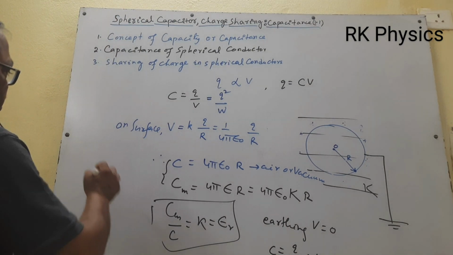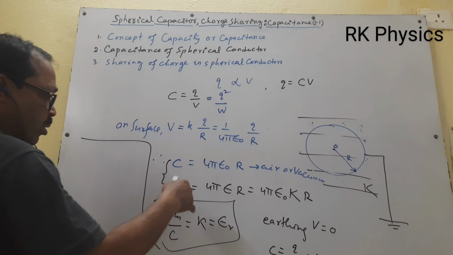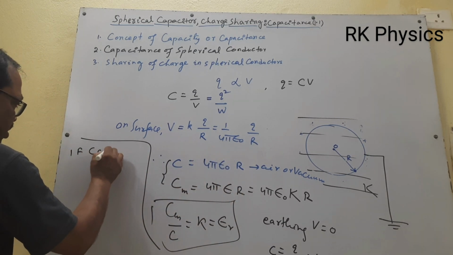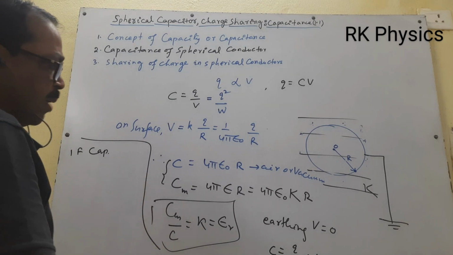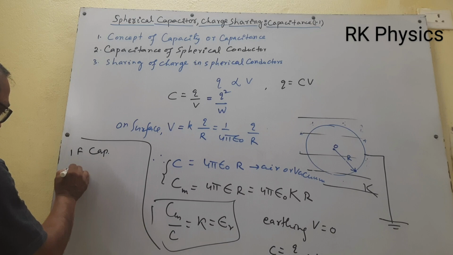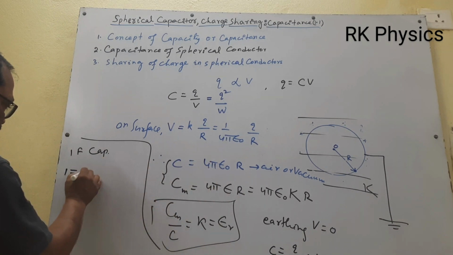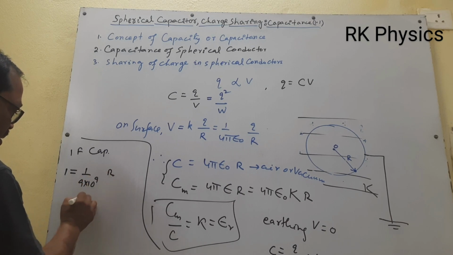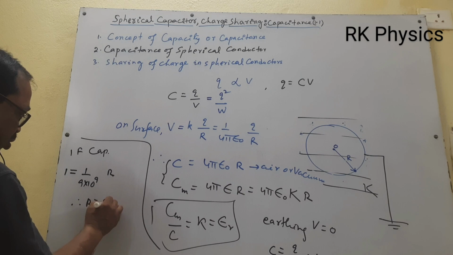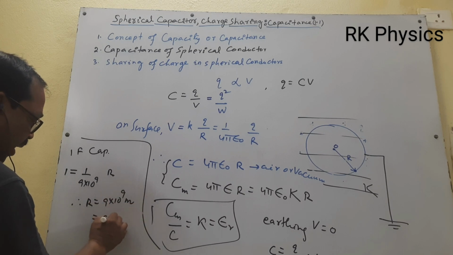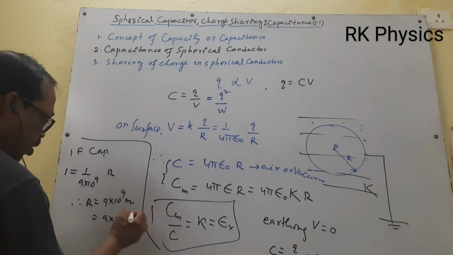On the other hand, if you want to produce 1 farad capacitance in air or vacuum, then 1 farad equals 4 pi epsilon 0 R, that means 1 by 9 into 10 to the power 9 into R. So from that, R is 9 into 10 to the power 9 meter, which equals 9 into 10 to the power 6 kilometer.